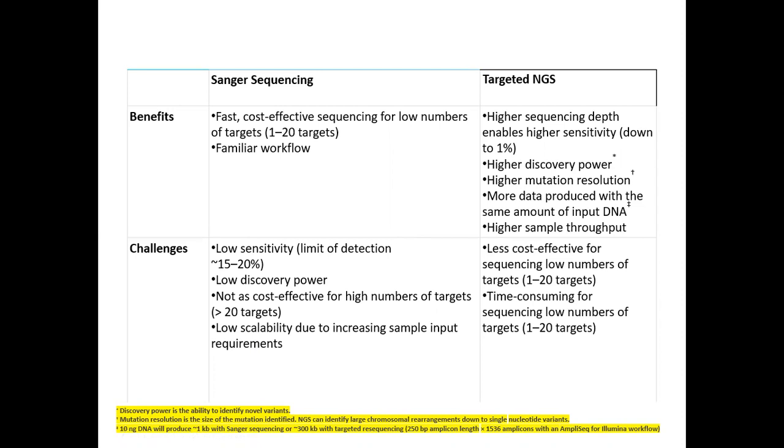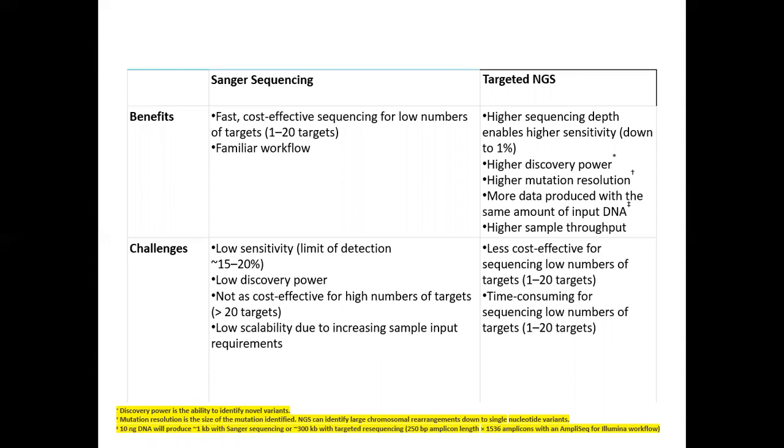So what could be the challenges of Sanger sequencing? Obviously, it has low sensitivity, whereas in the case of NGS, as we said already, it has higher sensitivity with higher sequencing depth. So one of the limitations of Sanger sequencing is low sensitivity and also low discovery power.